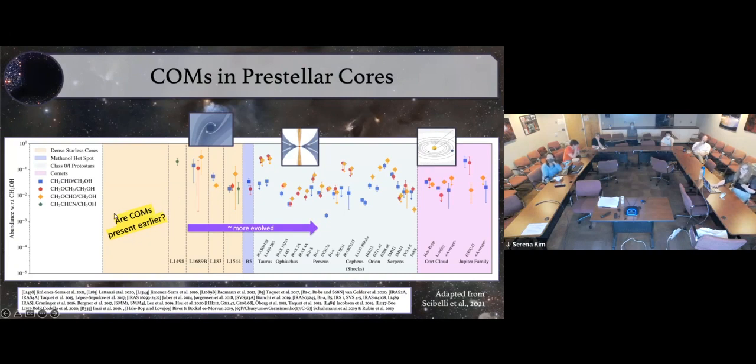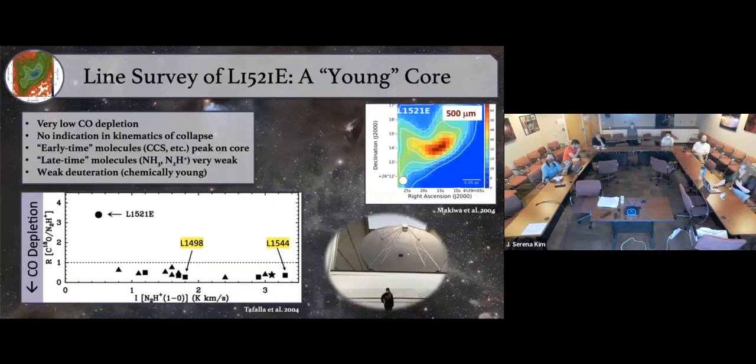So the question is, if we look even earlier, into maybe not the prestellar stage but the starless core stage, are we still seeing complex organics? This leads to the first, or I guess technically second survey, but the first survey I'll be talking about in this talk. We decided to look at a particularly young core to really test the limit and see how early on we see this chemical complexity.